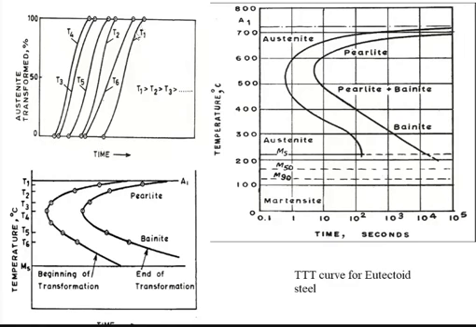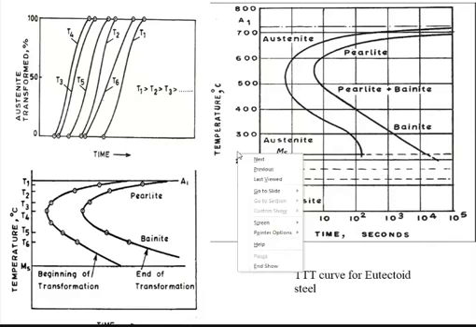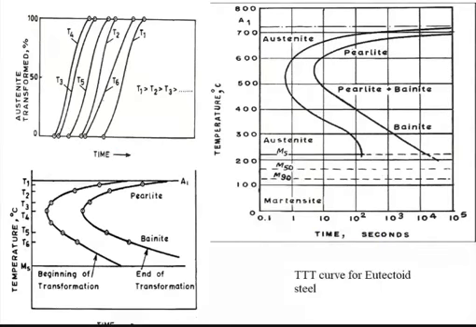For the first temperature, the transformation starts from here and ends here. Up to this particular point there is no transformation, so austenite has not transformed to any other phase. This period we call the incubation period, and it is very important.